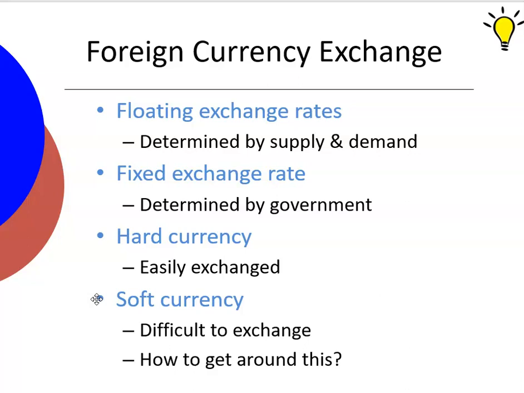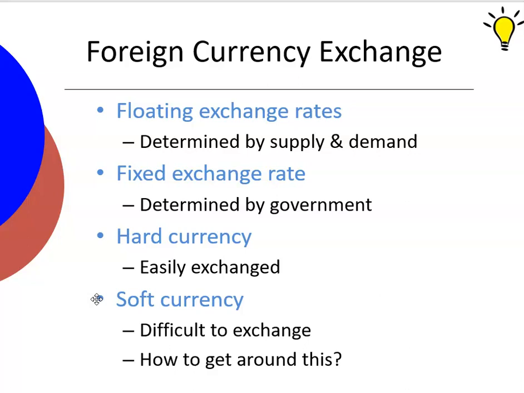Well, here's the question. Let's suppose a country puts a limit on the amount you can exchange. Russia has done this, for example. I'm going to put a limit on the amount of rubles that you can exchange for the dollar.